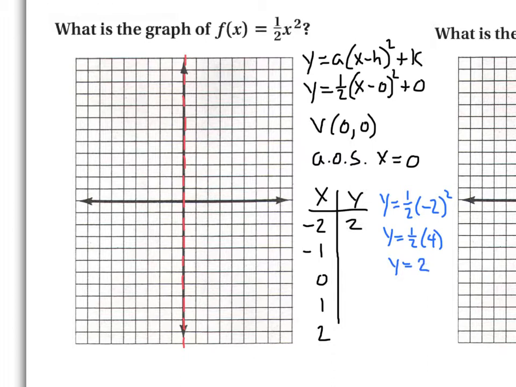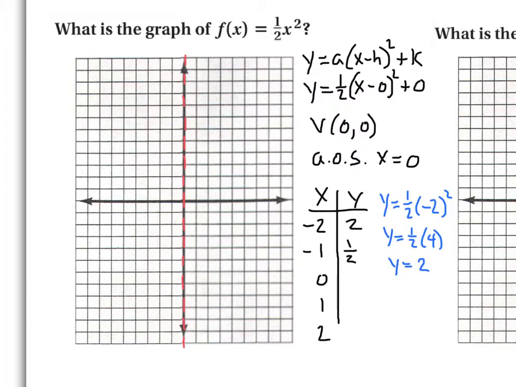So our y value is 2. Now, you don't have to write this out every time if you can do stuff in your head, which we should be able to do a few of these in our head. So we plug -1 into the equation. What is -1 squared? 1. What is 1 times 1/2? 1/2.